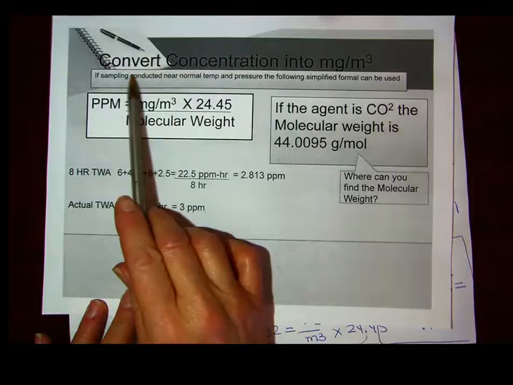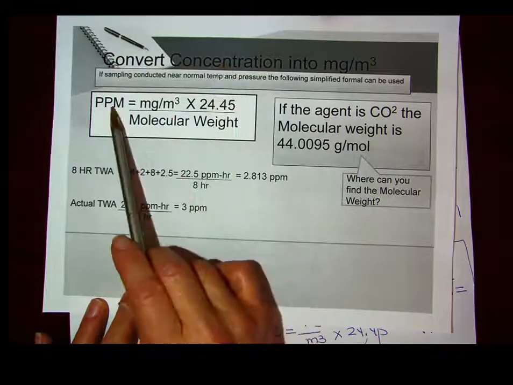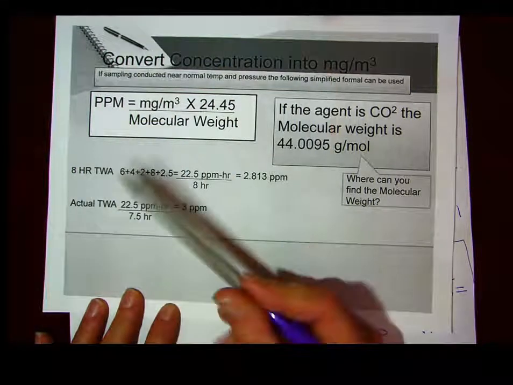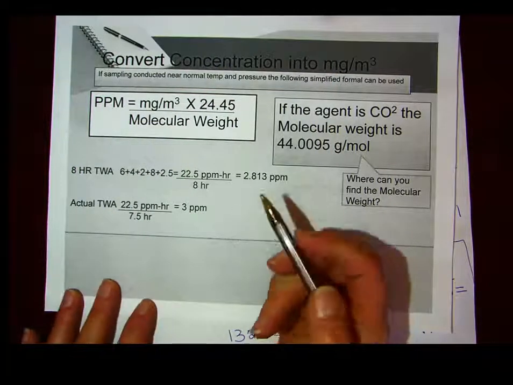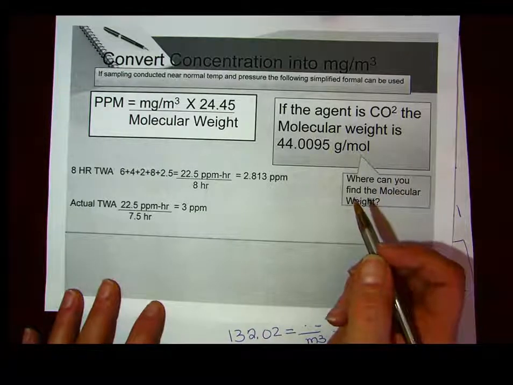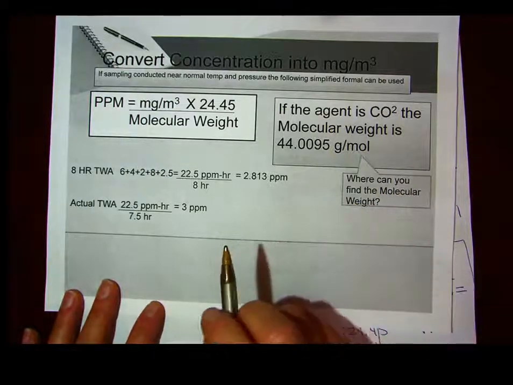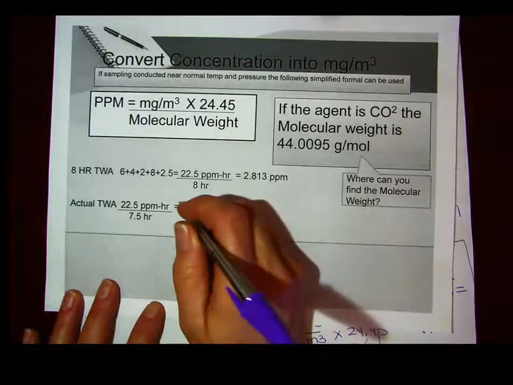Okay, so let's convert our concentration in parts per million to milligrams per meter cubed. And I may set this up differently than you would. I am only now starting to understand the Common Core.